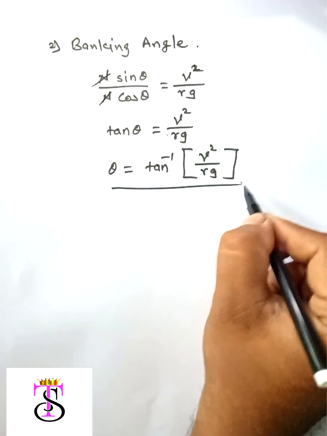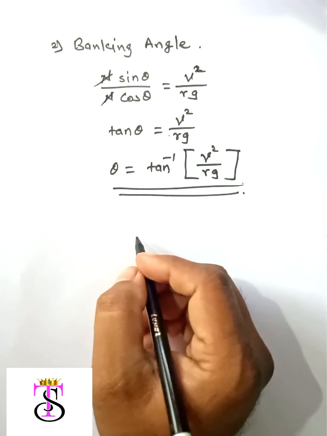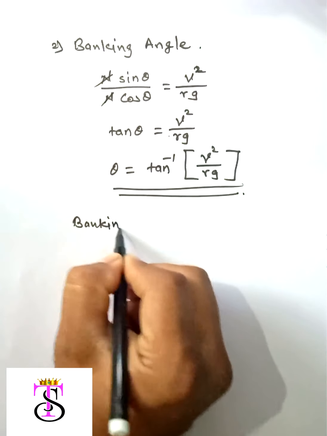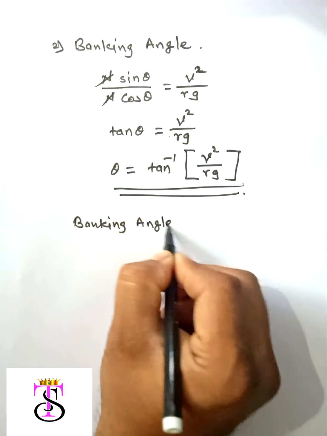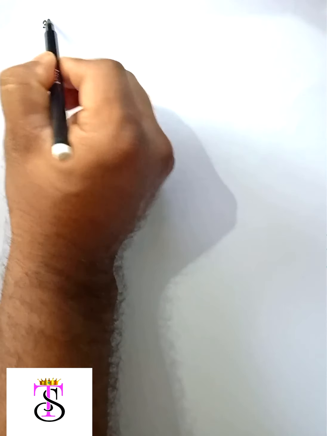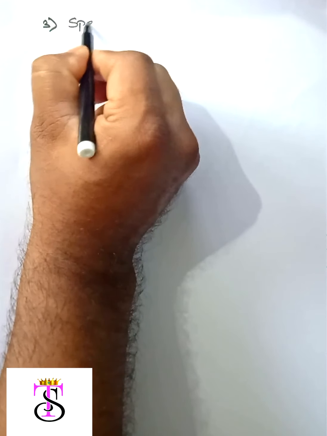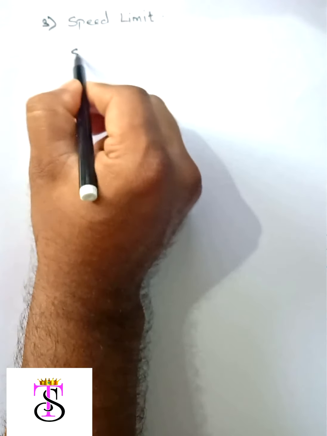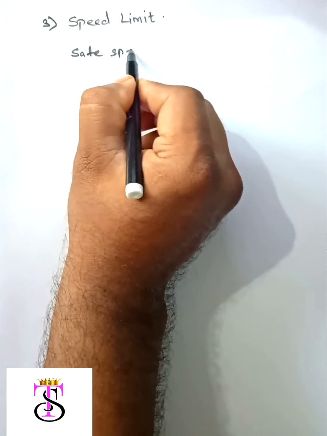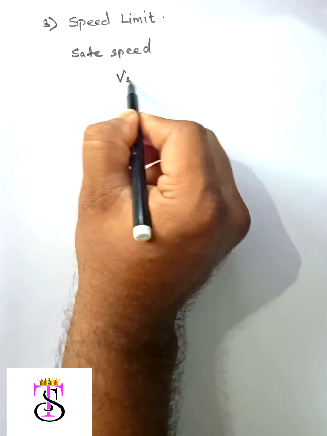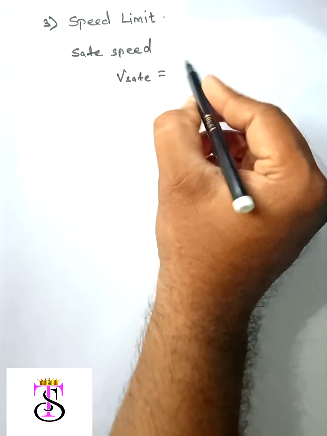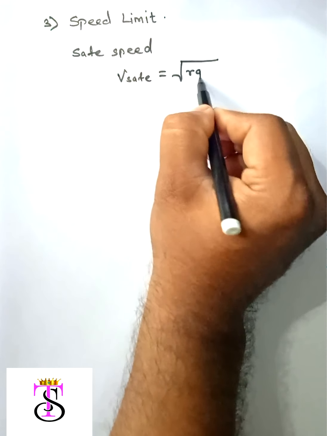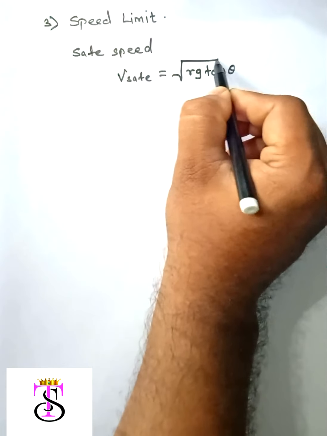So this is the expression for finding out the banking angle theta. Third, we'll find out the speed limit. Now for safe speed, we have the value of velocity as v is equal to under root r g tan theta.